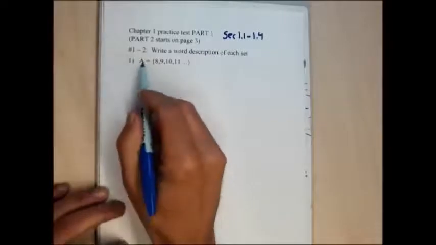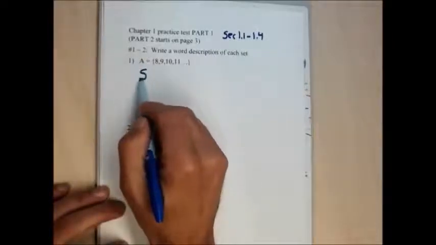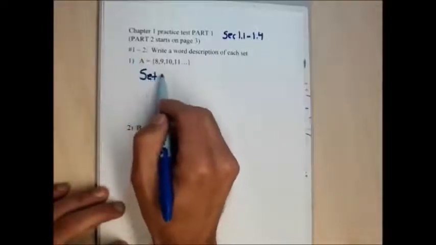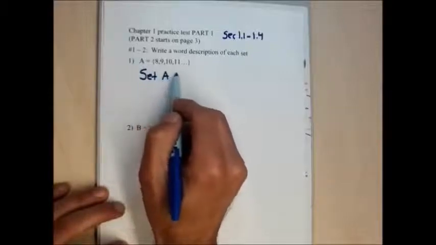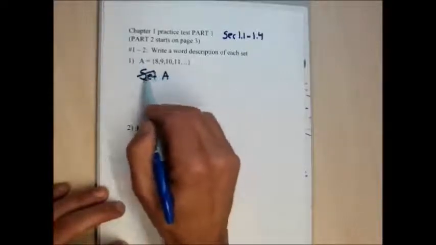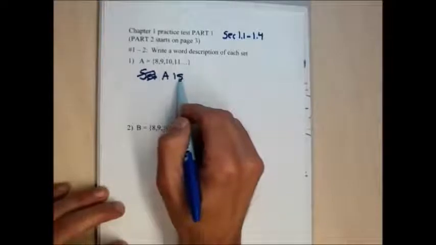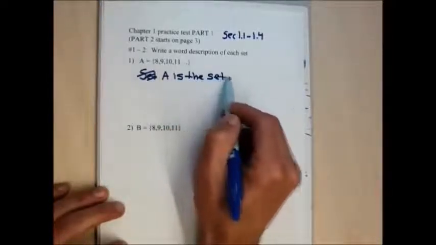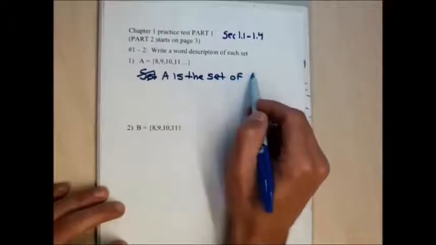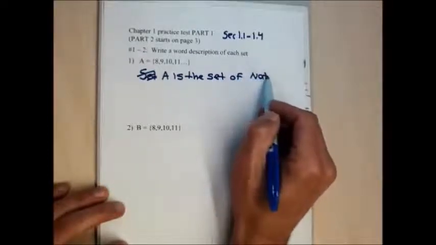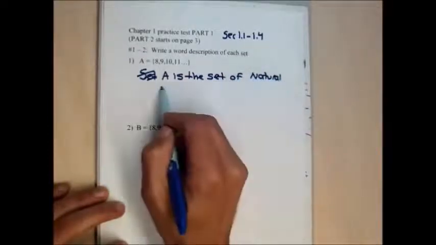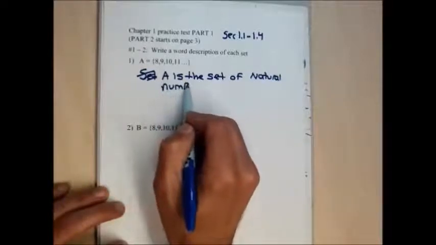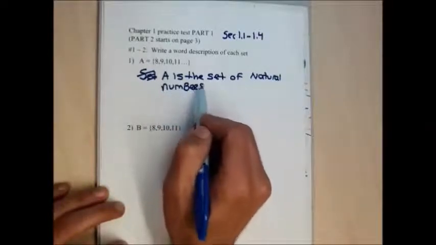So for this problem 1, I might say A is the set of natural numbers. And now that only excludes the negative numbers, the decimals, and the fractions.